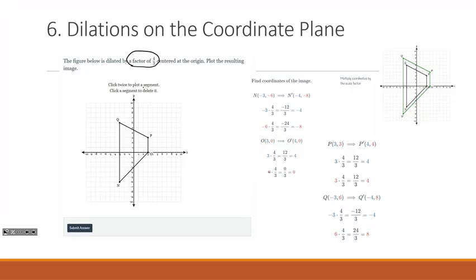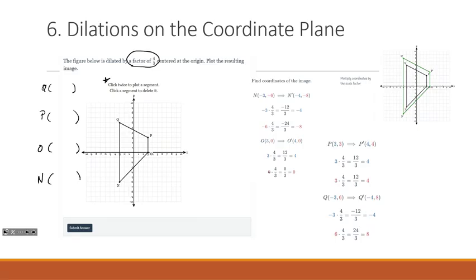So we're going to plot the resulting figure. Notice that these instructions say click twice to plot a segment. Click a segment to delete it. So we've got Q, and we've got P, and we've got O, and we've got N.